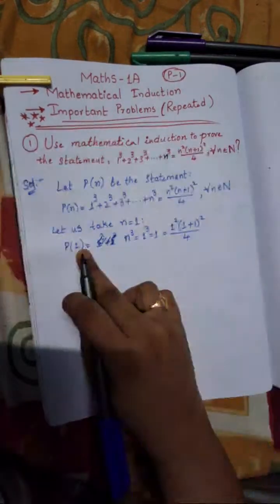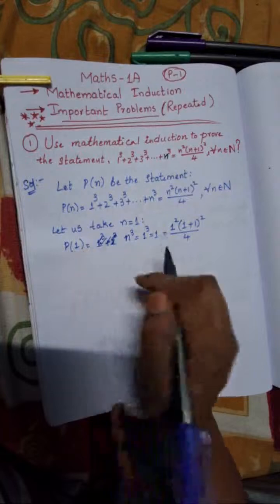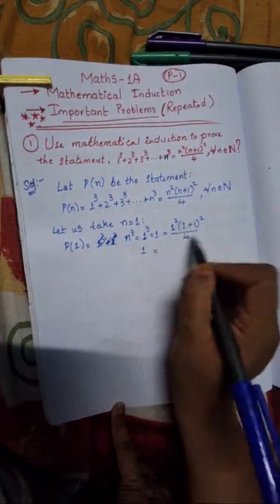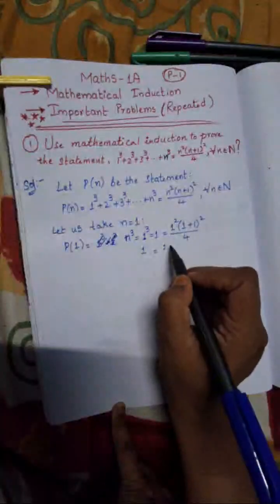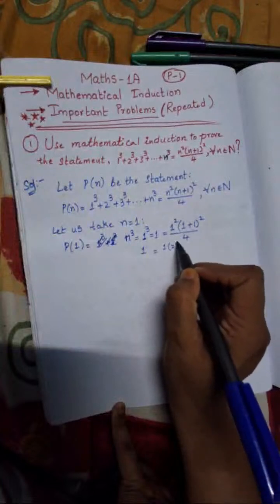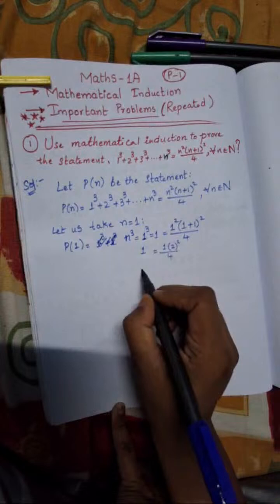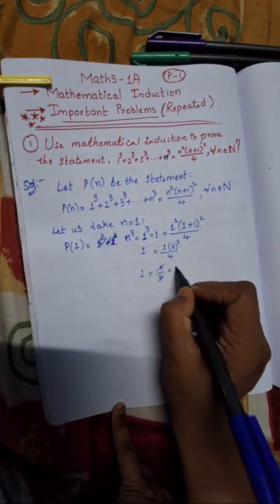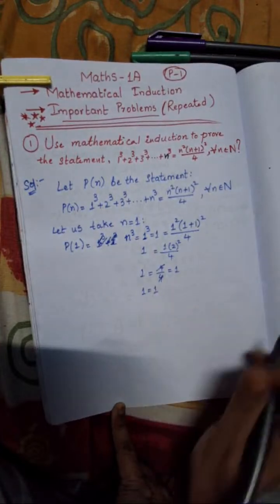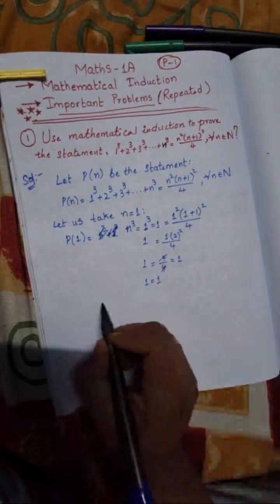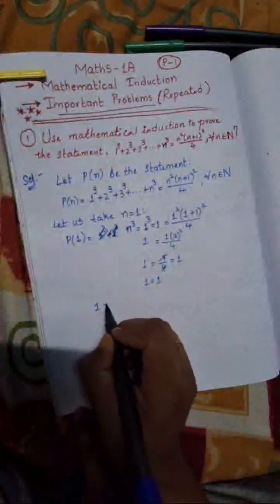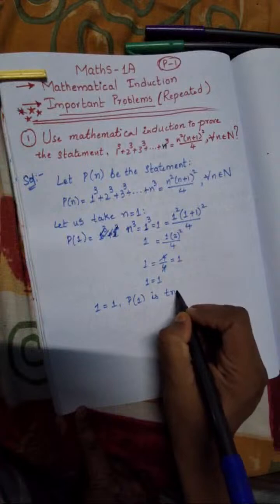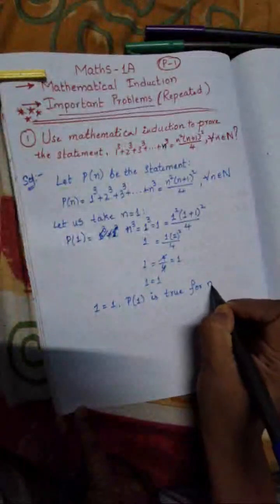Simplifying, 1 square is 1, and 1 plus 1 is 2, whole square is 4. 4 by 4 cancels, equal to 1. So 1 equal to 1. Hence the formula P of 1 is true for n equal to 1.